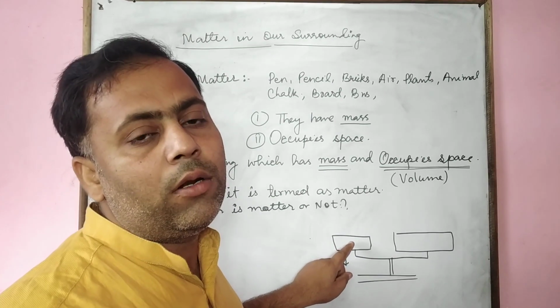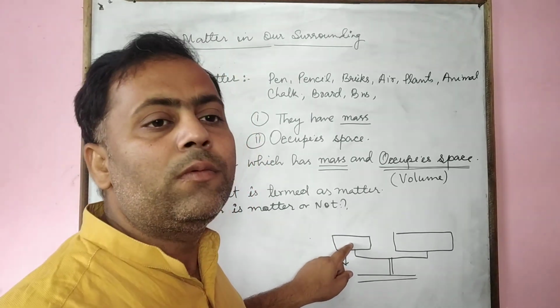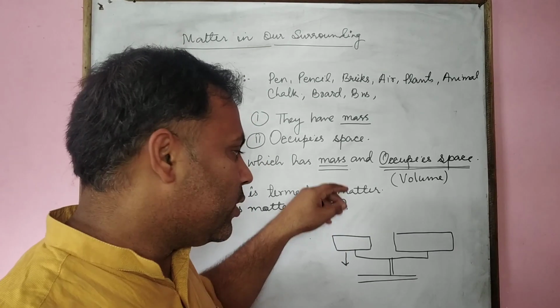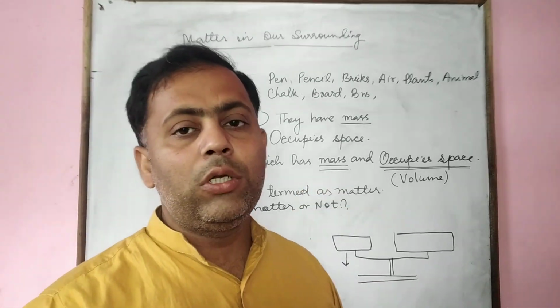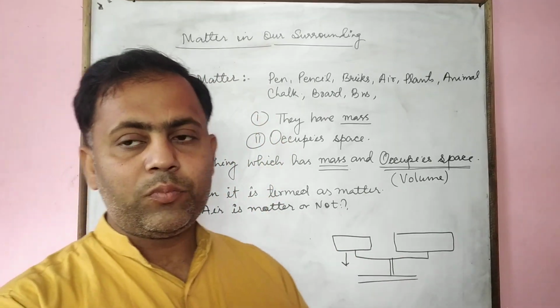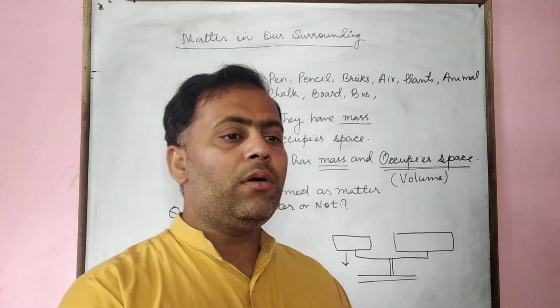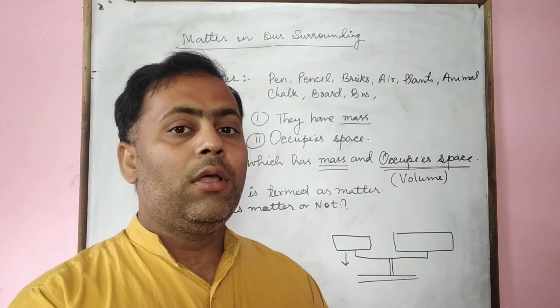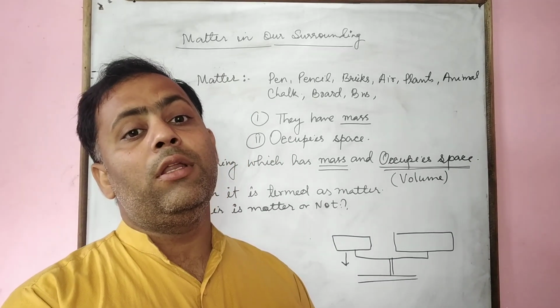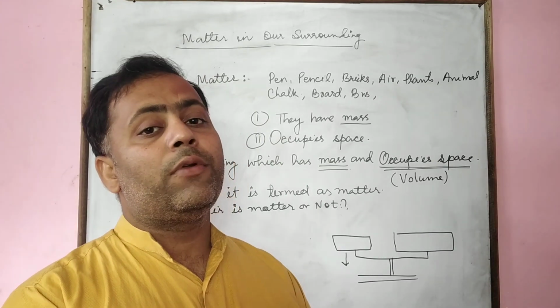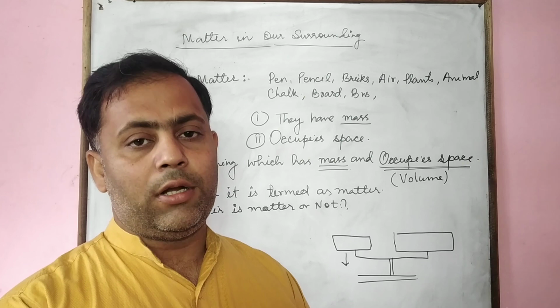Why is this so? Because on filling air into the balloon, the mass of this balloon containing air increases. That's why it moves downward. By doing this activity, we know that air has mass. The next one, we know in our LPG cylinder from our daily life, it contains 14 kilogram of gas and 15 kilogram the weight of the cylinder.